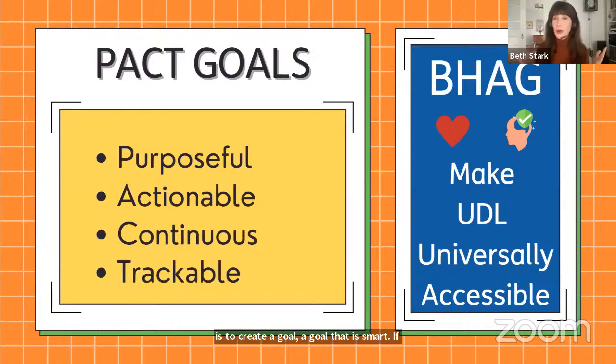If you like SMART goals, go for it. We thought that this model of goal setting is a bit more flexible and maybe a little bit more sustainable over time. So this idea of setting a PACT goal is choosing a goal that is purposeful, actionable, continuous, and trackable, which I really like.